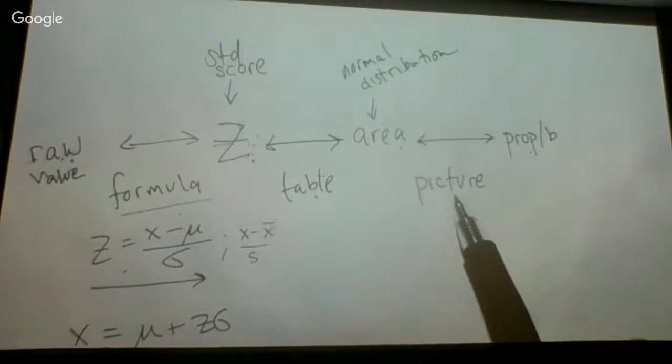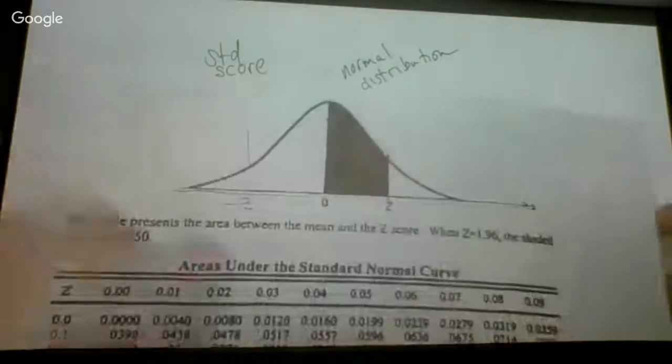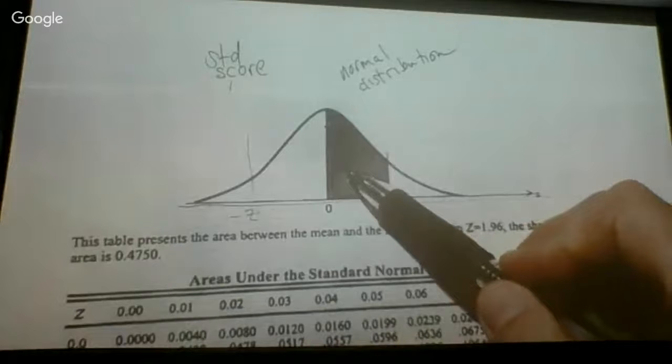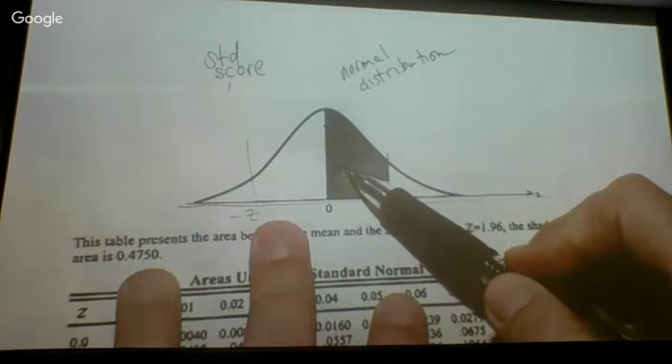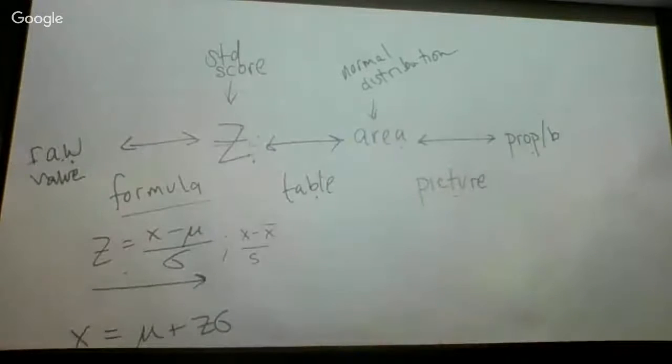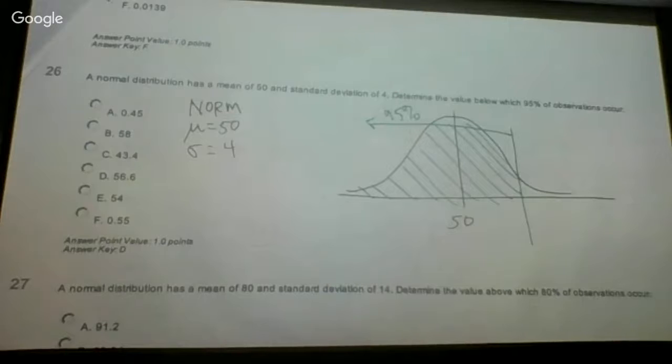Now my job is to use that picture to determine an area that I can use in my table. In other words, some part of this picture, I can get an area to look up in my table.